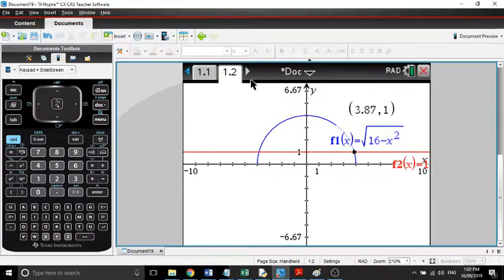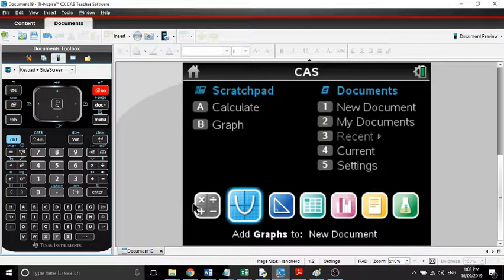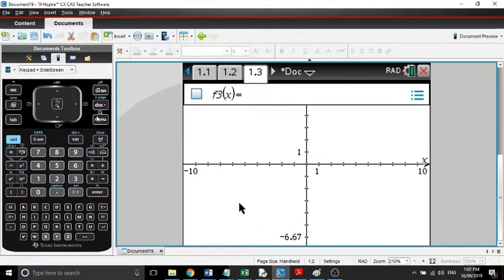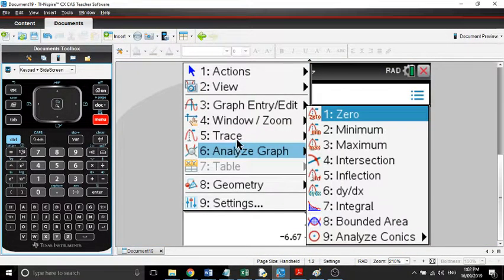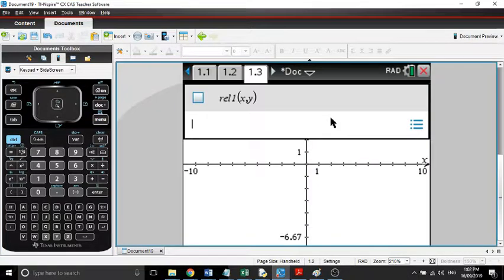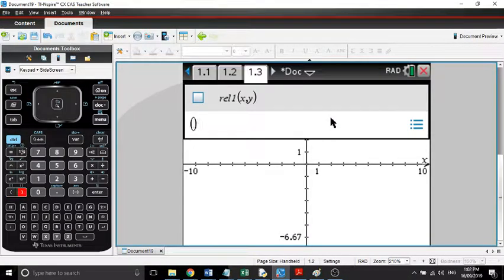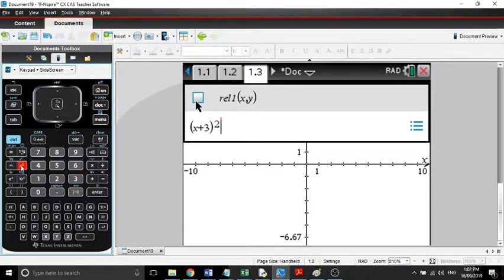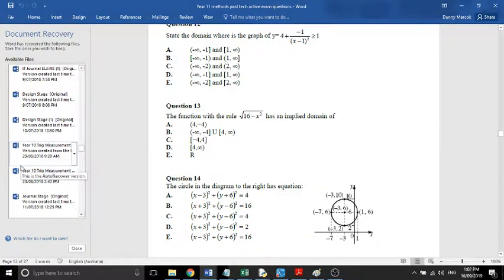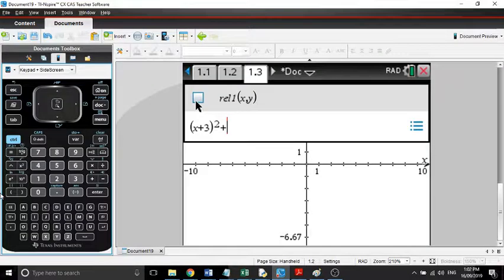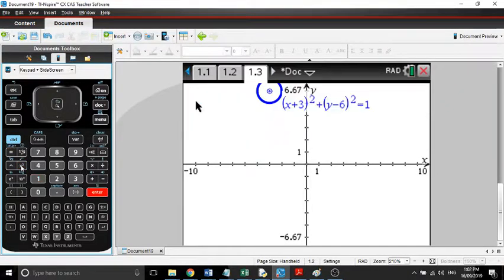We can check that. We'll say make a new graph. That menu, let's change it to relation. And let's say we've got x plus 3 all squared plus y minus 6 all squared equals 16.